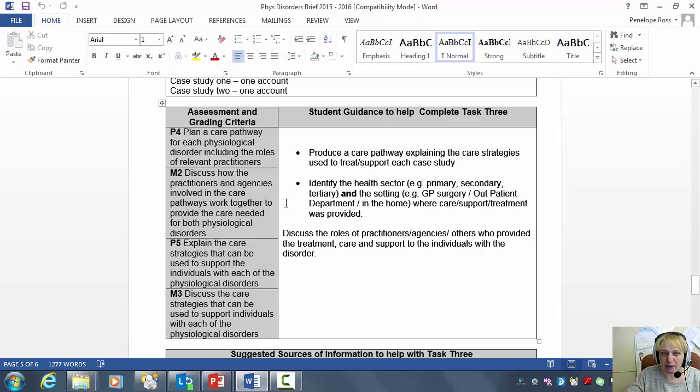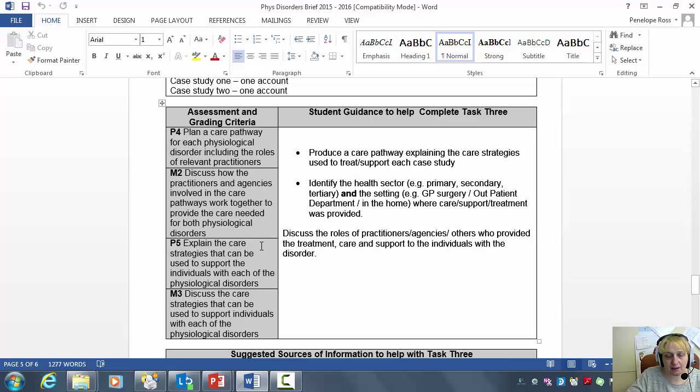So then you would have been talking about how the physiotherapist would work with the GP to try and come up with a care strategy just for that patient, this kind of thing. You will also have planned a care pathway, which hopefully includes members of that team.